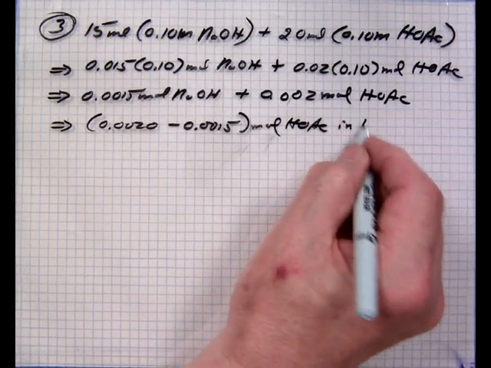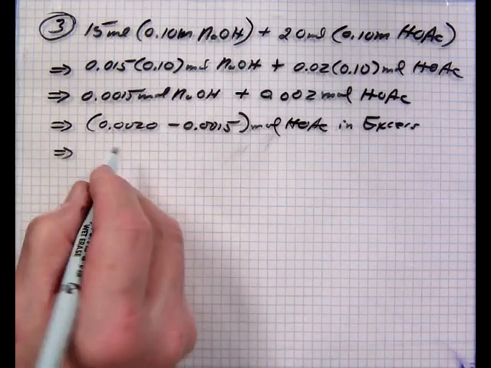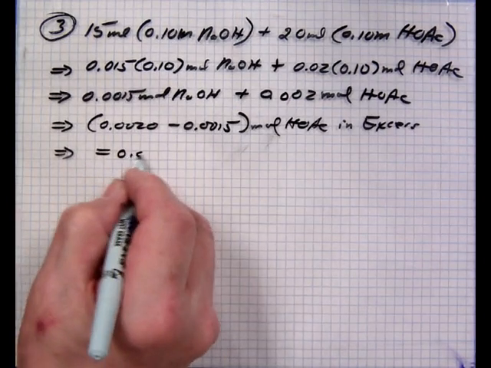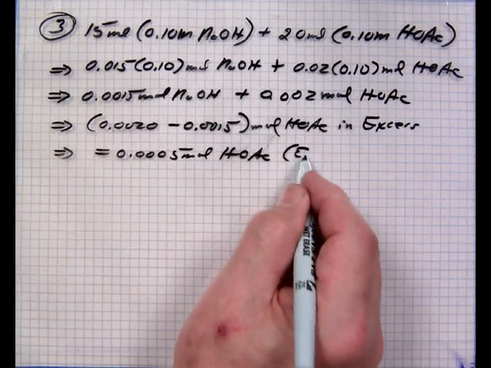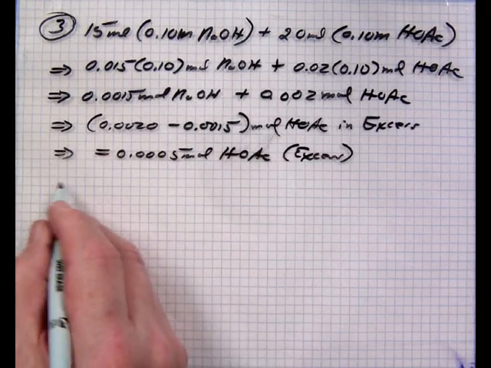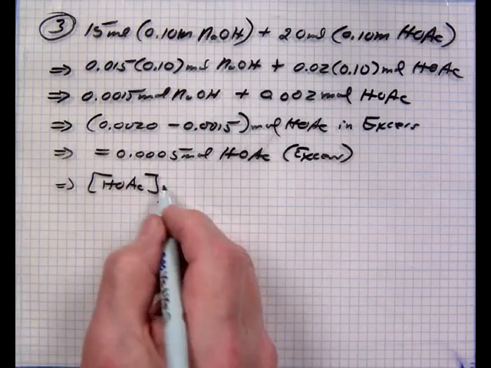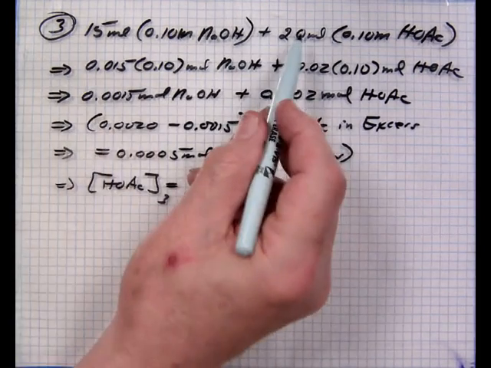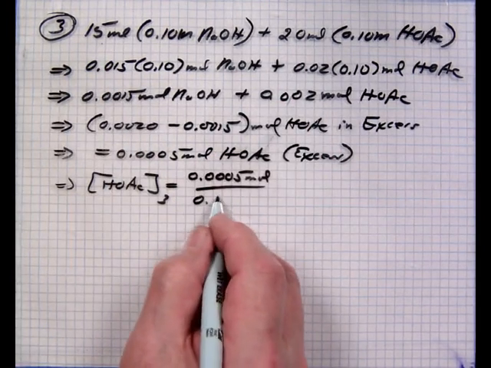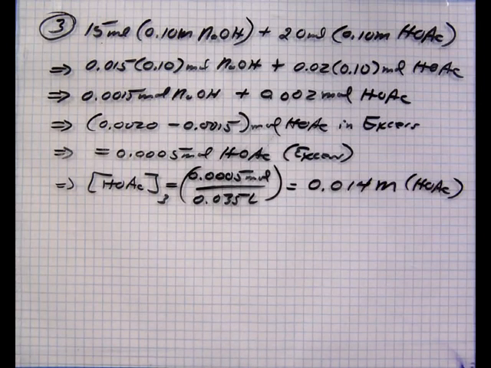HOAc in excess, which of course is equal to 0.0005 mole acetic acid excess, which leaves us with now a concentration of acetic acid after the third titration to be 0.0005 mole, and now we're in 35 milliliters solution, 0.035 liter, 0.014 molar in acetic acid.